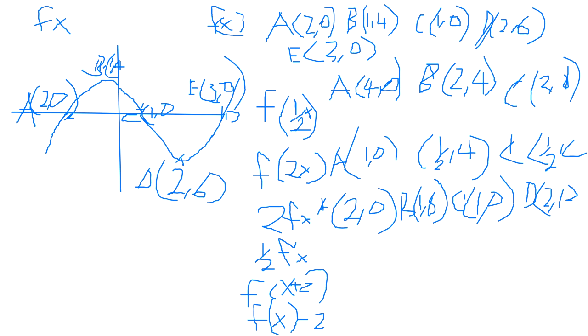I understand. Okay, good. So for half f of x, I'm going to get my point A to be 2, 0. My point B is going to be 1 and 2. My point C is going to be 1 and 0.